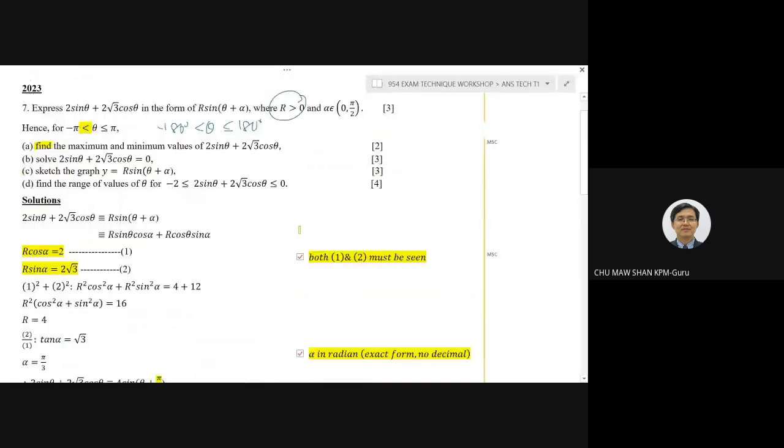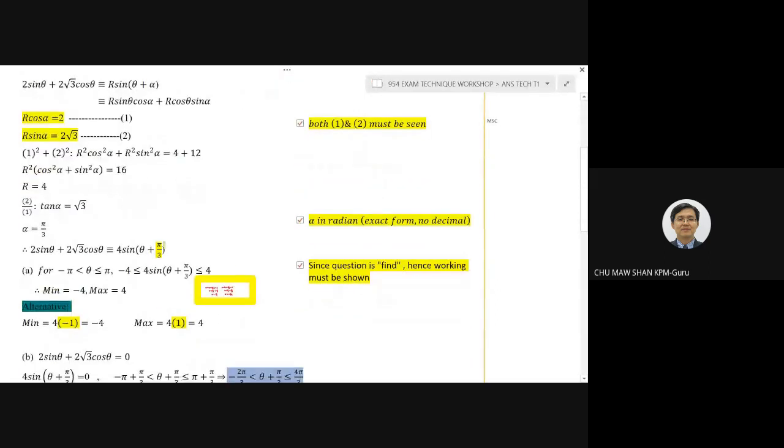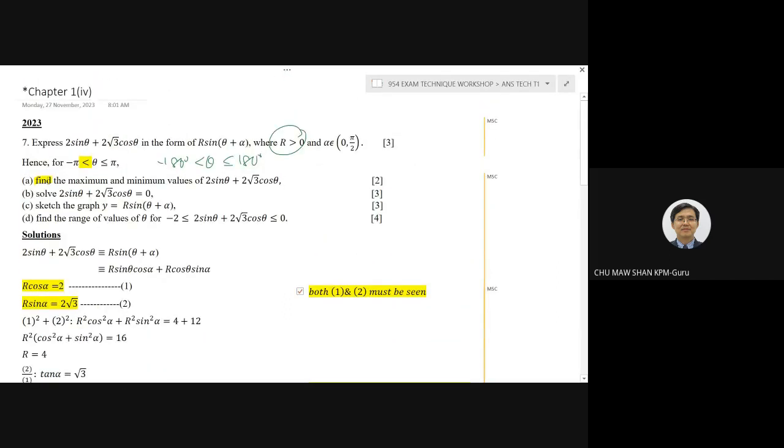I know some of you can be very fast. You know already: 4 times -1 will be the minimum, 4 times 1 will be the maximum. If you just give it like that, sorry, you lose the marks, because the question itself says find. You must justify your answer.